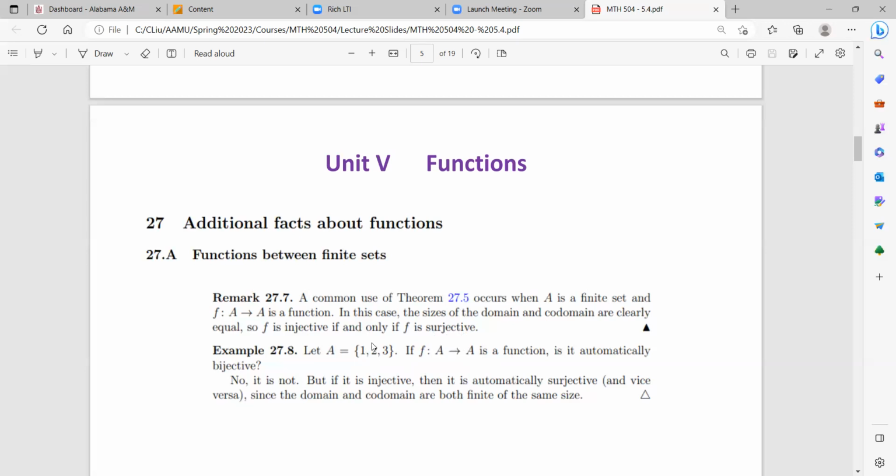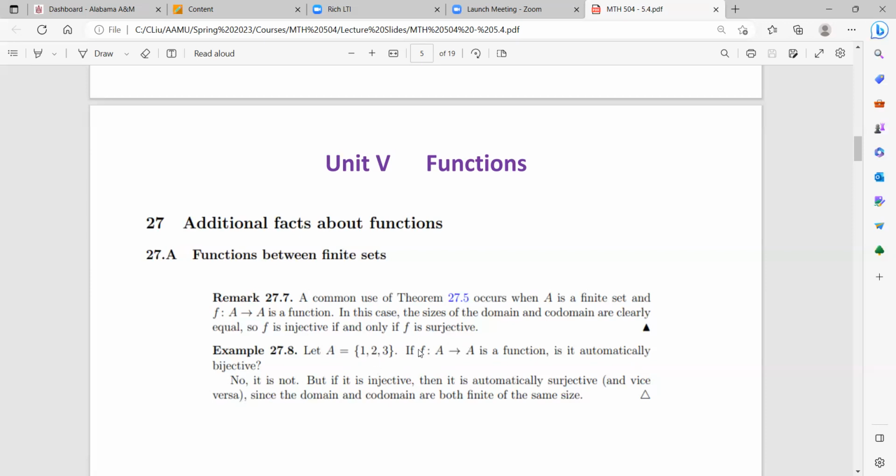And if a function from A to A is surjective, that means all the elements in the codomain, with 3 elements, are mapped from some elements of set A, and that only happens when the function itself is injective, because the domain A only has 3 numbers.